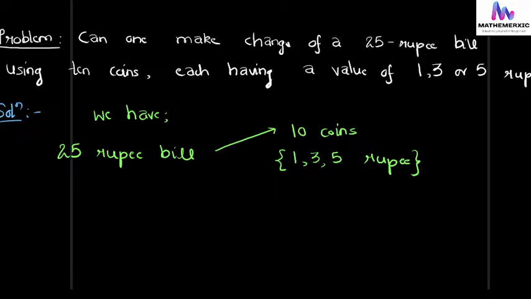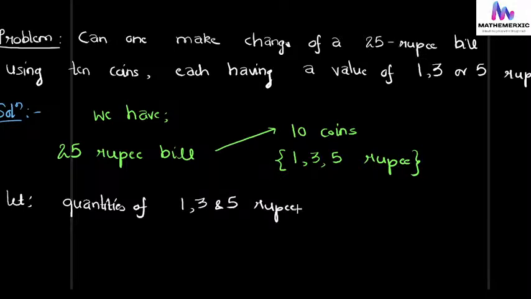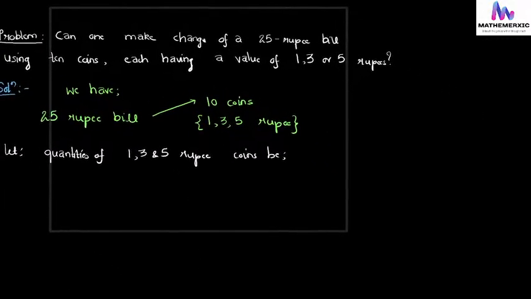So let us say, let the quantities of 1, 3 and 5 rupee coins be x, y and z.